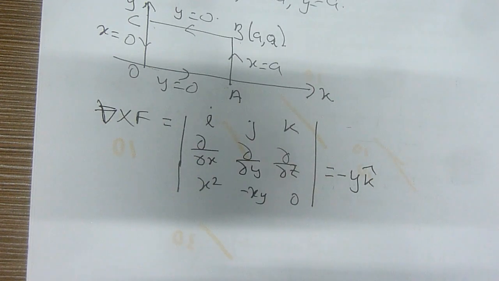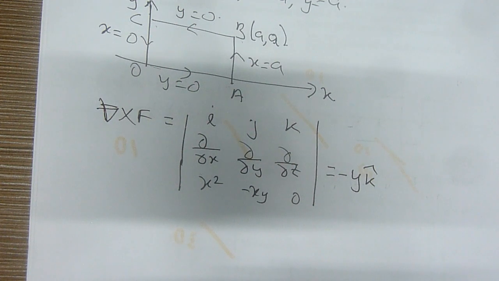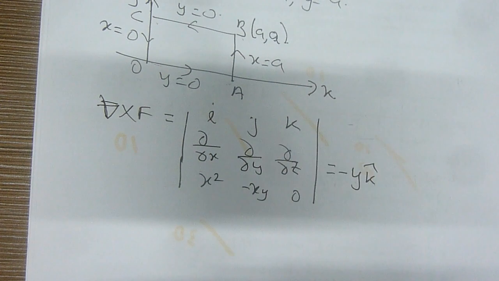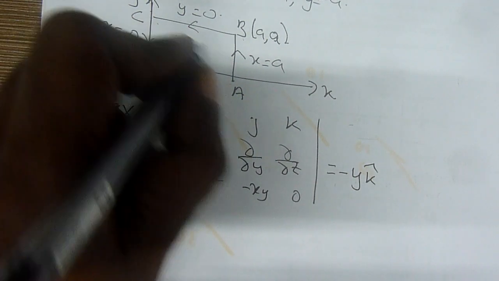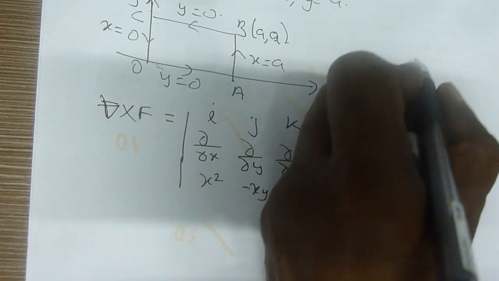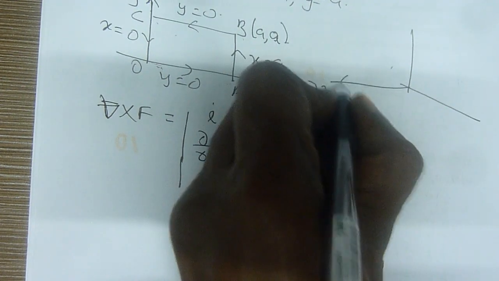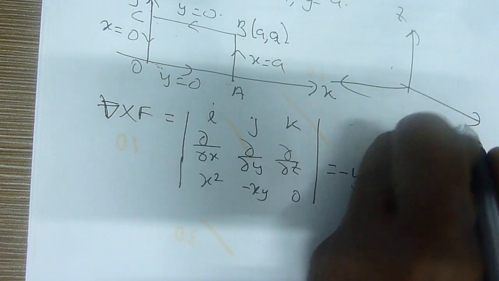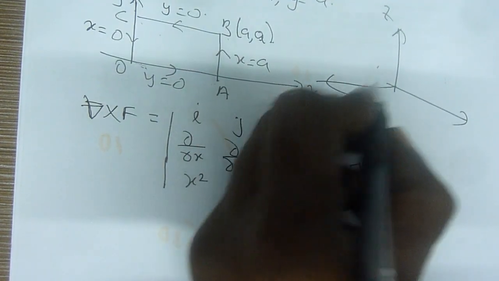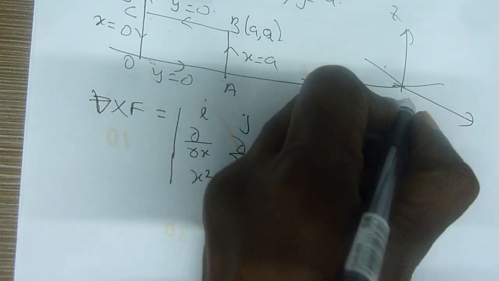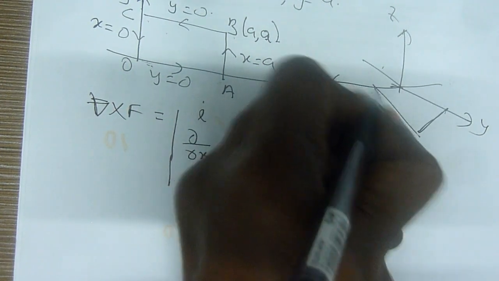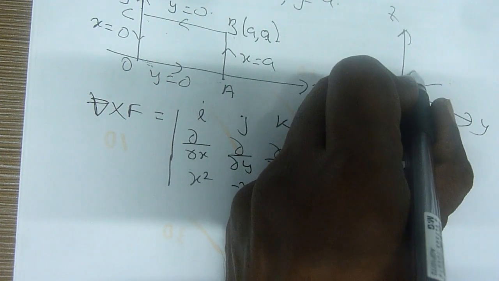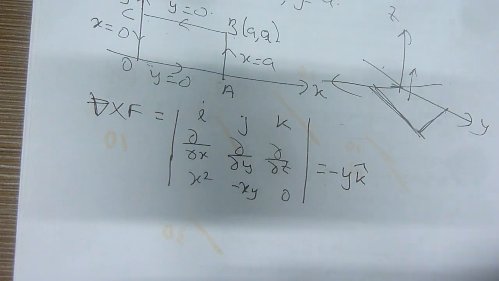What is the message here? The square is actually lying in the xy-plane, so if you plot again with the same logic, z, x, y, the normal is upward.